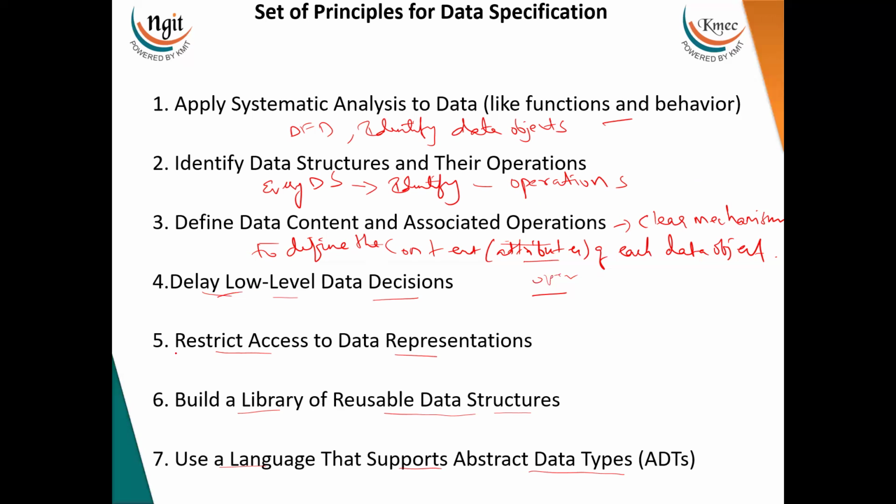The fifth is restrict access to data representation, which means only the necessary module should know how a data structure is implemented. Next is build a library of reusable data structures. That is, we have to develop a class library of the frequently used data structures and the operations associated with them.